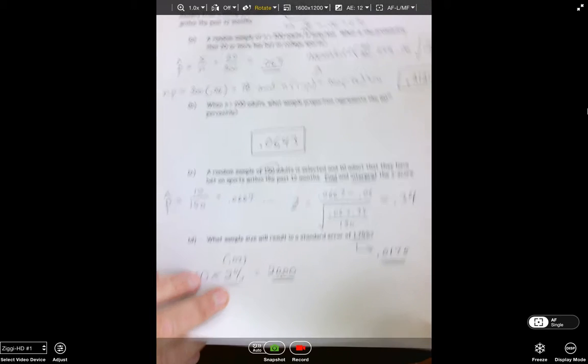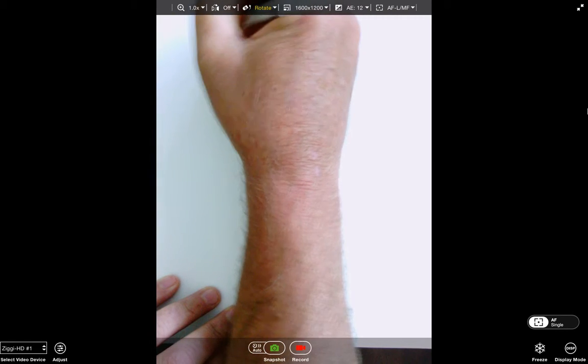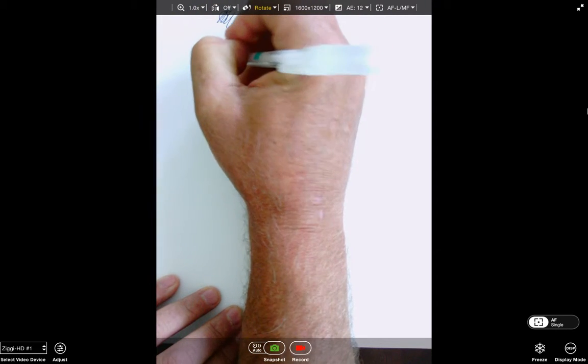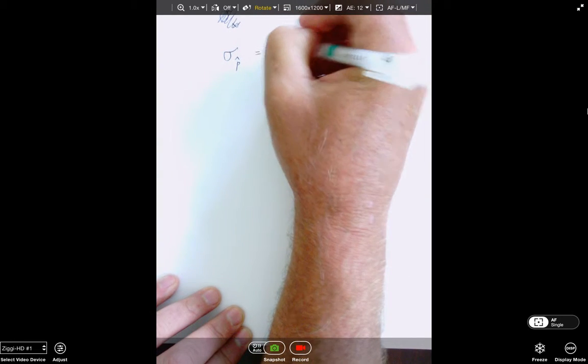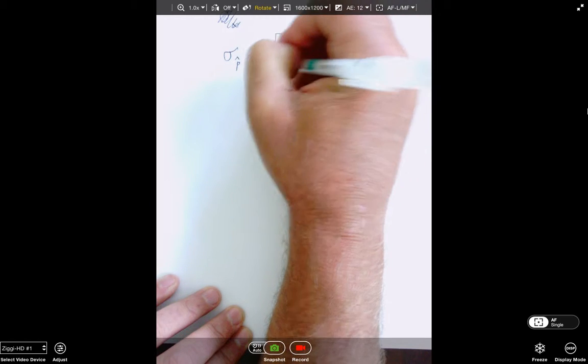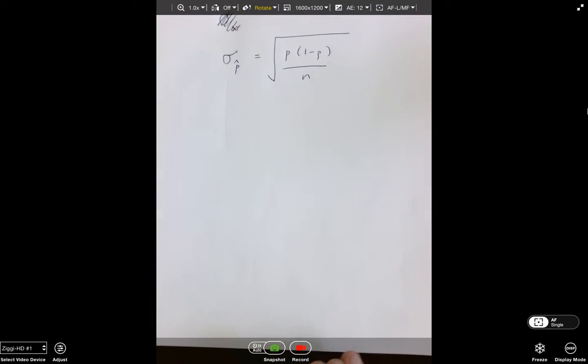Now, I want my standard error, which is the square root of p times 1 minus p over n. Now guys, this is going to be one of those things you're going to remember for your midterm because there aren't questions like this on Hawks, but there are going to be questions like this on your midterm.